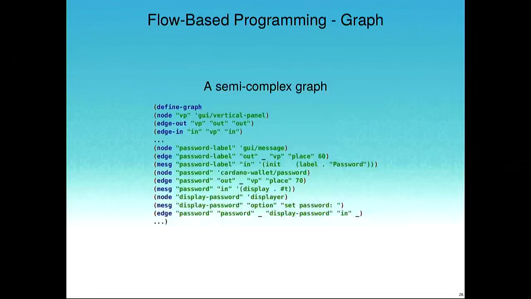So I define the node: I say I have a node that is named an arbitrary name, and it uses the component, which has a name that needs to match. How do you refer to the component? By name, using Racket's way of looking; it does a dynamic require on it. The names of the components are symbols, and the names of the agents, the instances of the components, are strings.